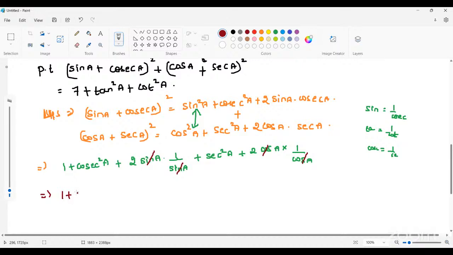So 1 plus cosecant square A plus 2 plus secant square A plus 2. All right. So now what do we have? 2 plus 2, 4 plus 1, 5. So we have 5 plus cosecant square A plus secant square A.